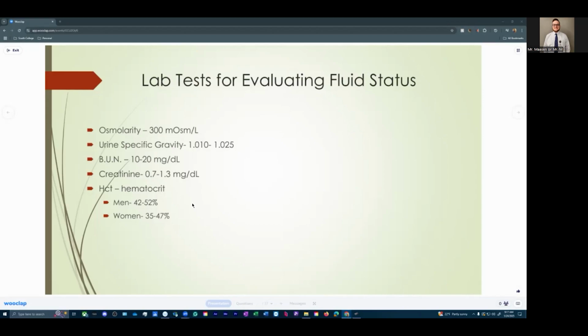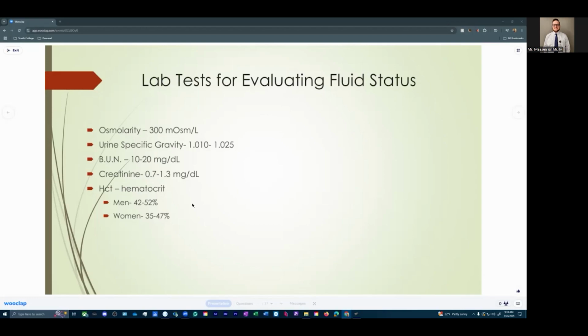The book I think uses 1.005 to 1.030. Also on this side we have 1.010 to 1.025. So that's the one we're going with here, but it can vary depending on the book. But this is around the range for urine specific gravity, again just a measure of concentration of solutes in urine.